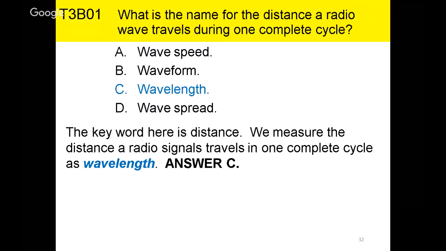Shorter the wavelength, the higher in frequency it goes. So at 28 megahertz, it's alternating 28 million times per second, versus at 160 meters, it's alternating 1,800,000 times per second.